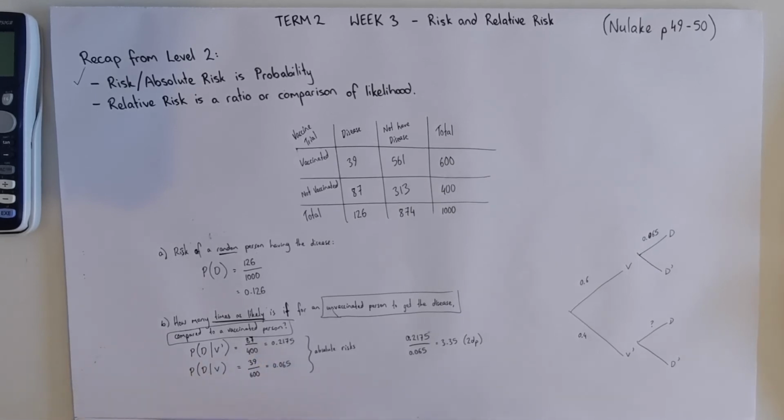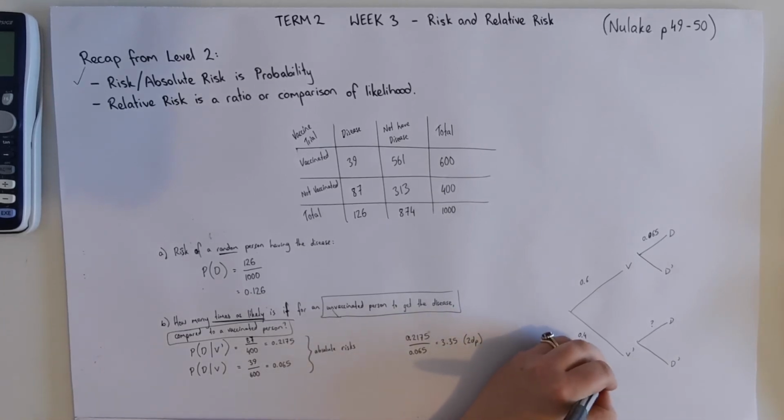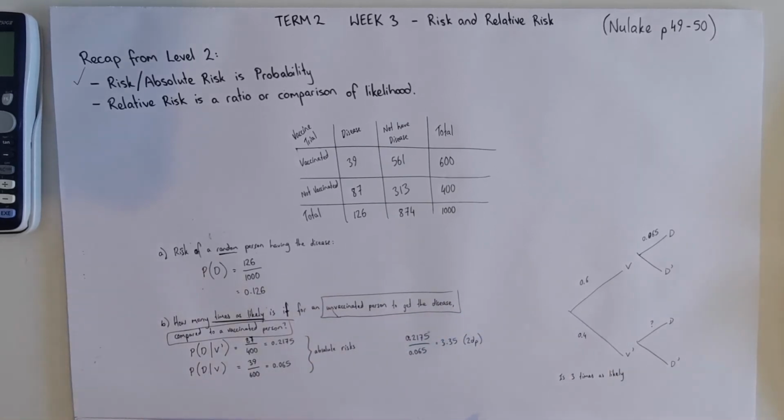So in a different type of question, you may actually have been told something like, the probability of having the disease if you are not vaccinated is 3 times as likely. So someone is making a claim that they know something to be true or that they believe something to be true. Now, for the purposes of this example, I'll just use 3 times as likely, but we know we calculated something slightly different.